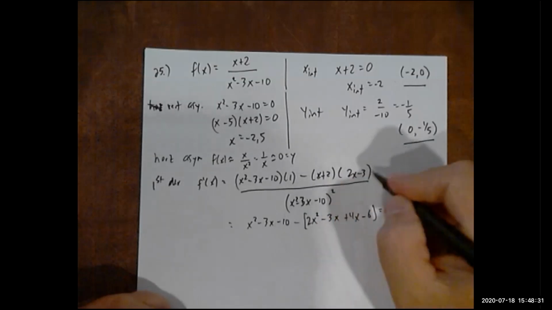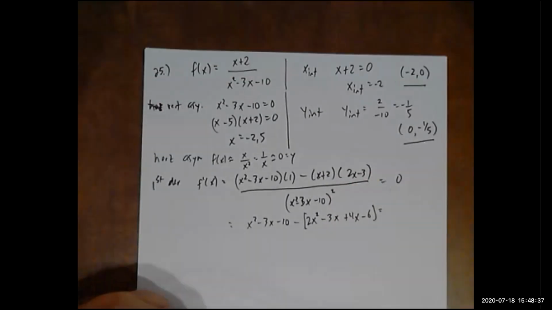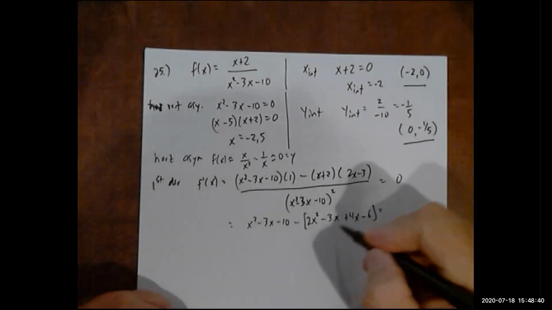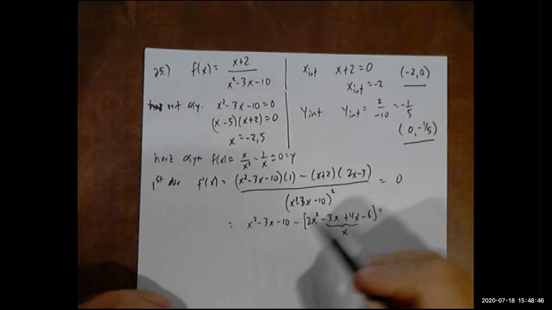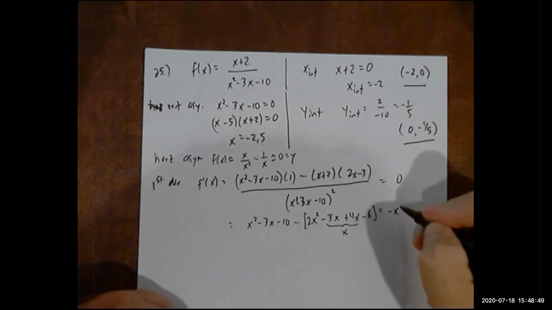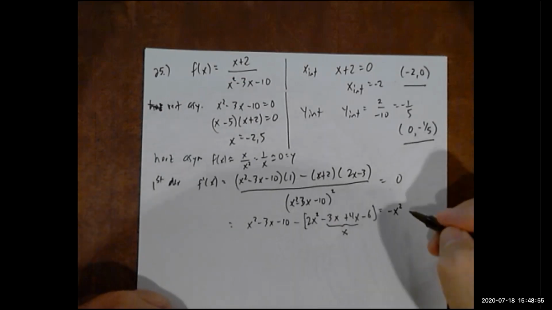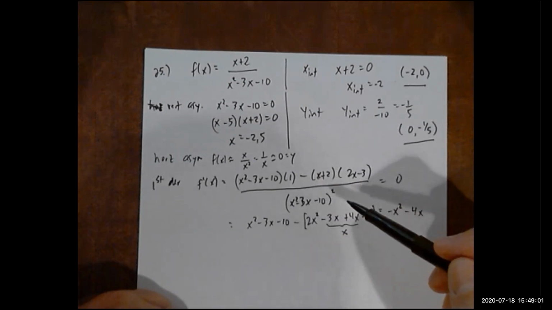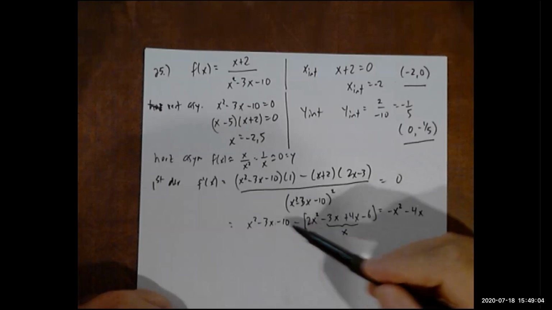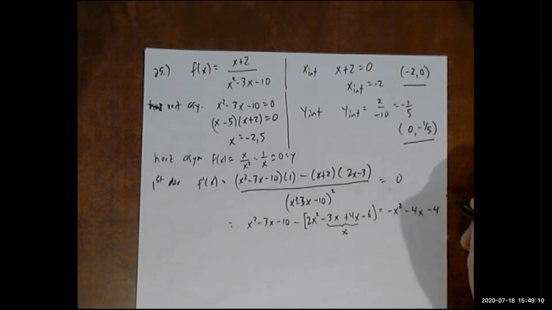X times 2x, x times negative 3, 2 times 2x. Wow. All right, glad I got that. Actually, these combine into just x. So now x squared minus 2x squared, negative 3x minus x, and then negative 10 minus a negative 6, negative 10 plus 6. So there is your first derivative.